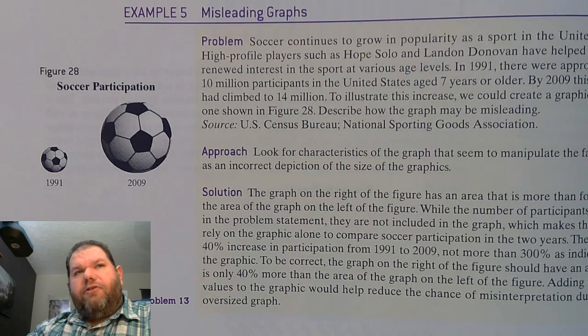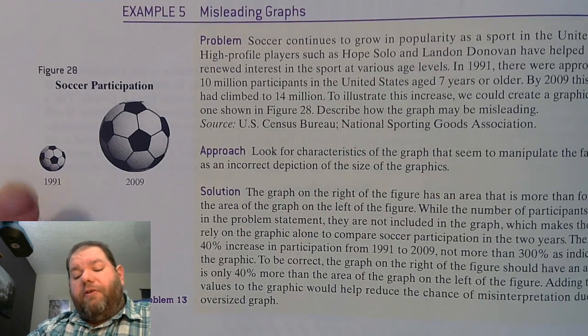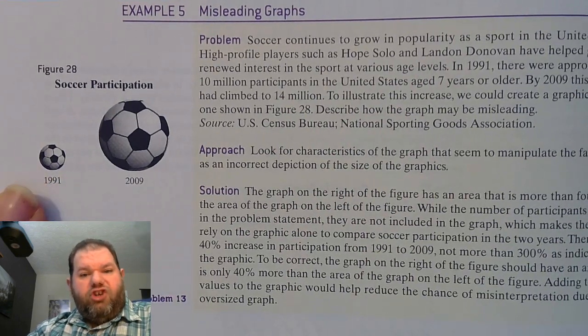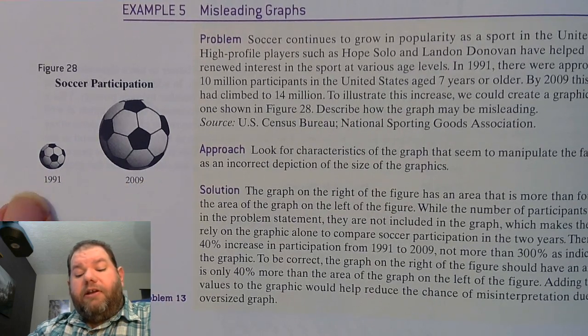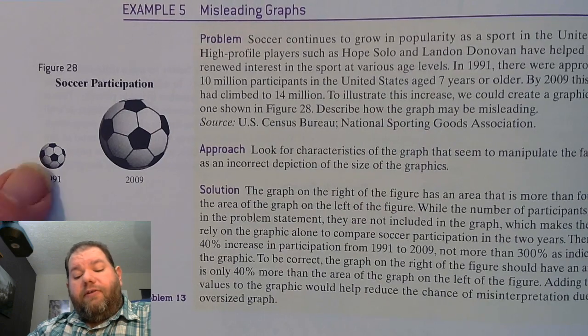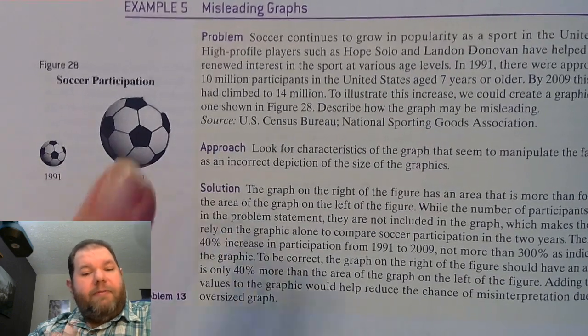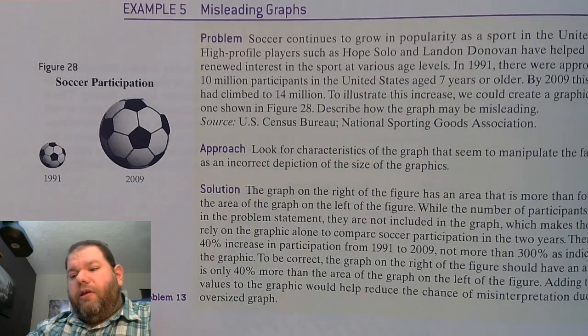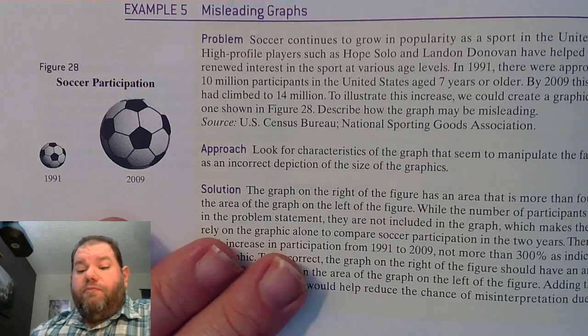Or it's probably a situation where they just cut off the first several million and just showed growth from one to the next from there. But it really misleads the change in participation that we saw from 1991 to 2009, because it only increased by about 40%. This looks like it multiplied by 10 times maybe. So, again, not a great representation.